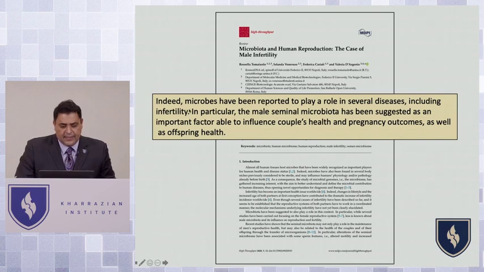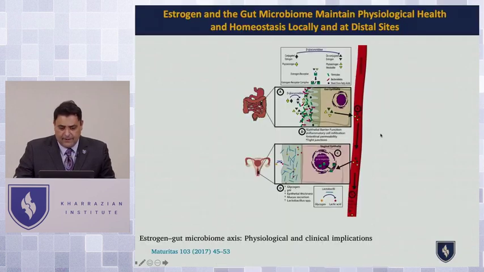They go on to show that indeed microbes have been reported to play a role in several diseases, including infertility. In particular, the male seminal microbiota has been suggested as an important factor able to influence couples' health and pregnancy outcomes as well as offspring health. And they go on to show that the gut has different enzymes like beta-glucuronidase.